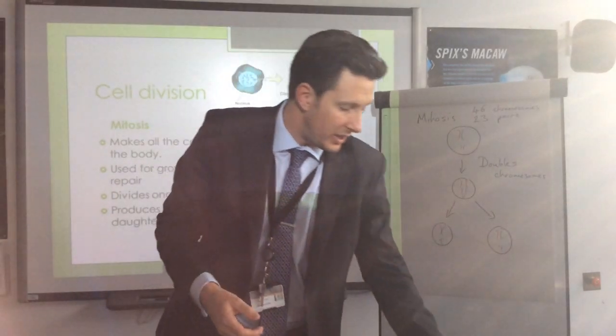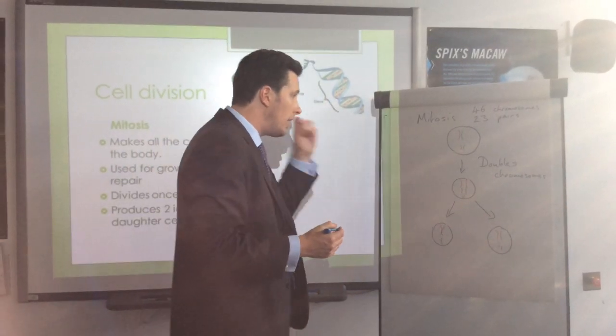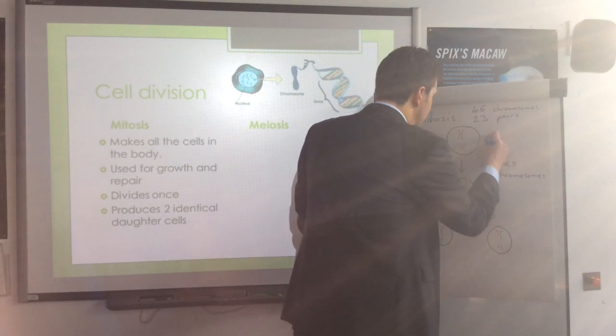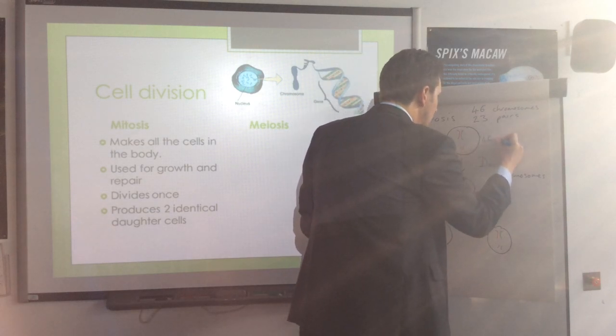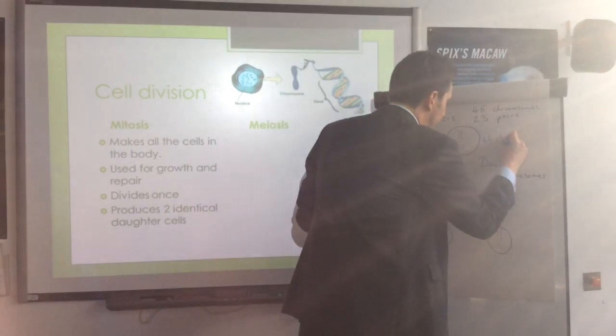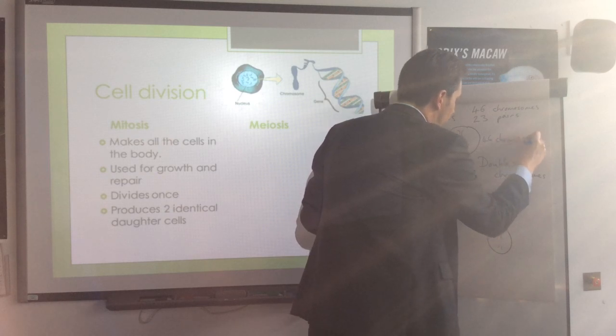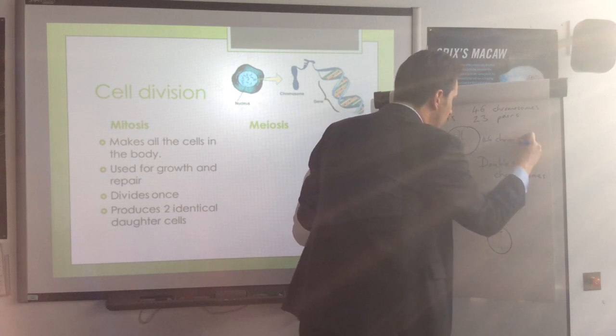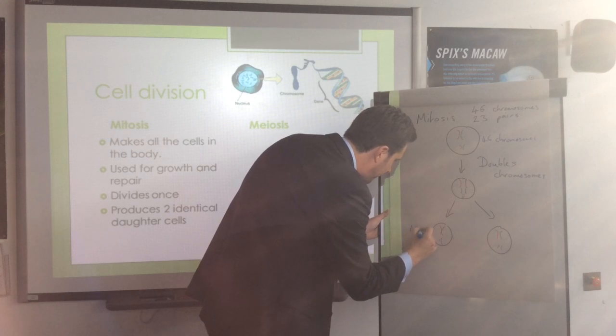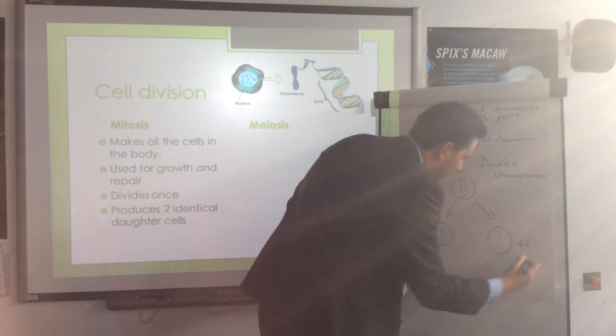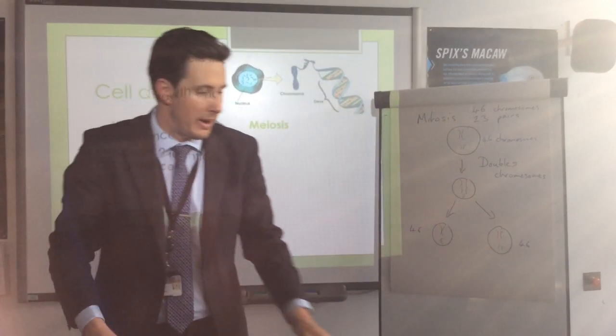It's produced identical copies, clones, of the parent cell. This had 46 chromosomes, and in humans these ones here have 46 and 46. They have the full amount.